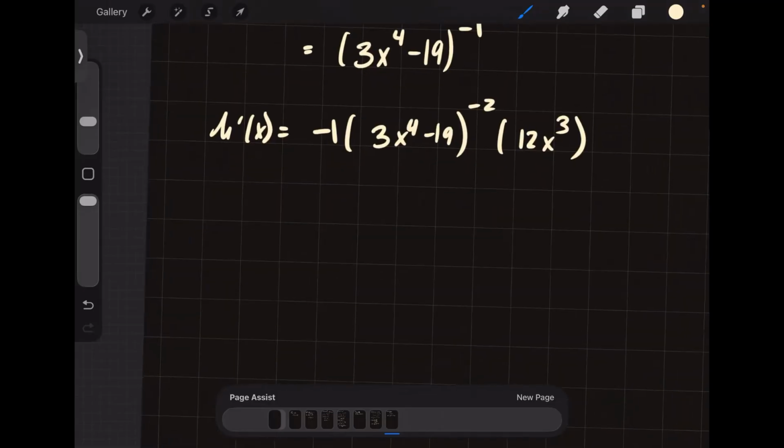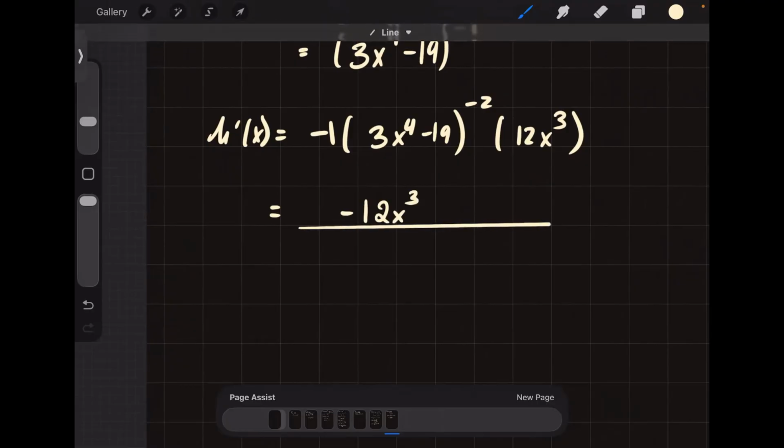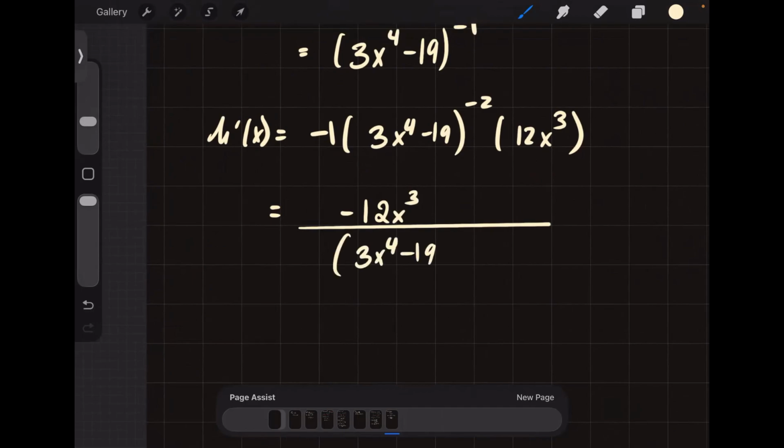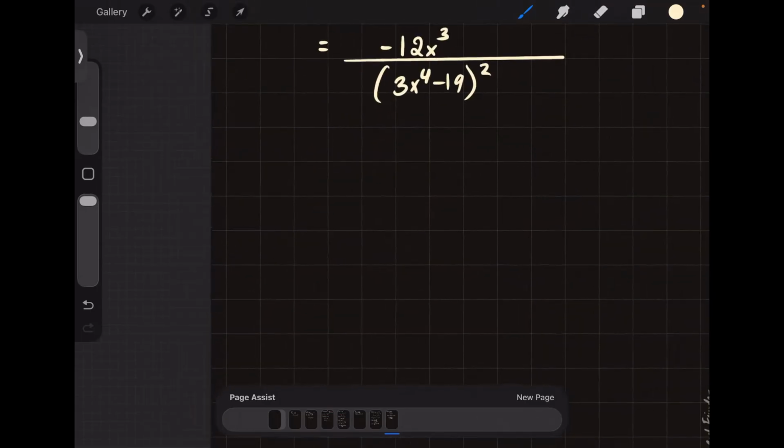Easy money. Or you can write this as negative 12x to the 3rd all over (3x to the 4th minus 19), the whole thing squared. Both are fine. What if I give you number 10, right?